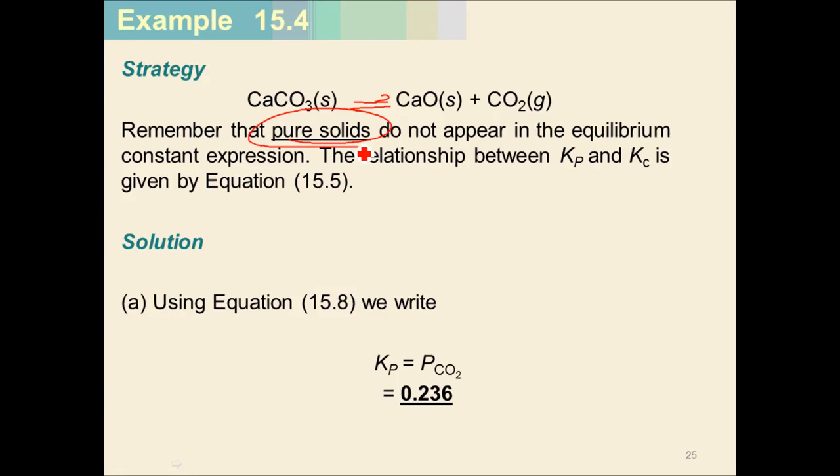So the relationship between Kp and Kc is going to be equation 15.5 again. Using that, it reduces down to Kp being equal to the partial pressure of our CO2, and that would be 0.236.